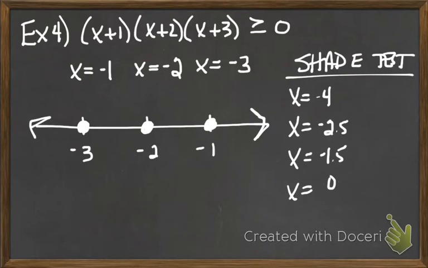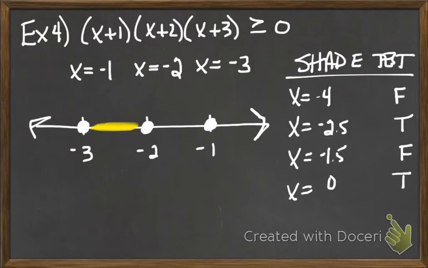Okay. So for this one, I got false, true, false, true. But you would plug them in just like we did before. It's just going to be a little bit more work. Okay? So where are we going to shade according to our falses and our trues?